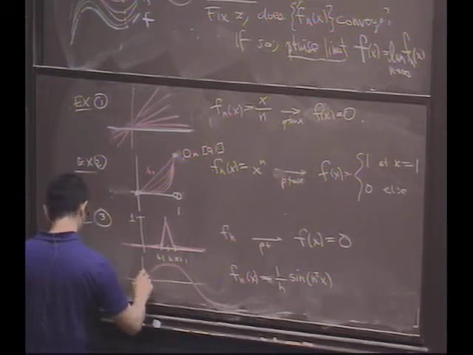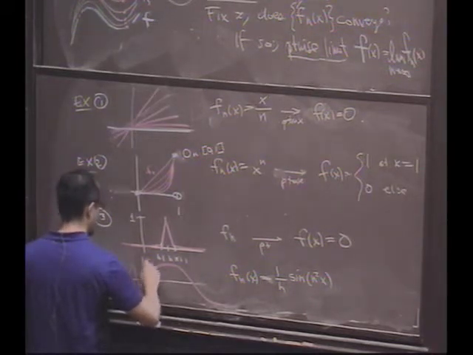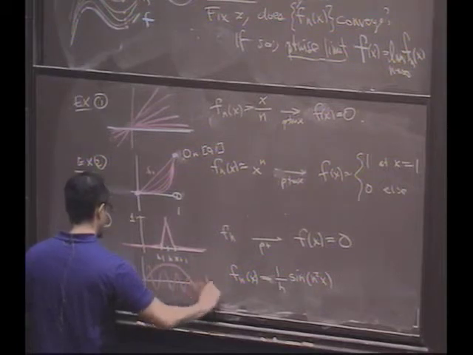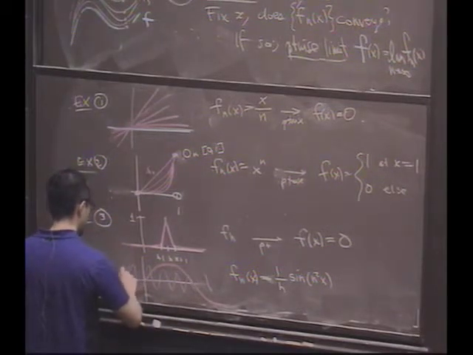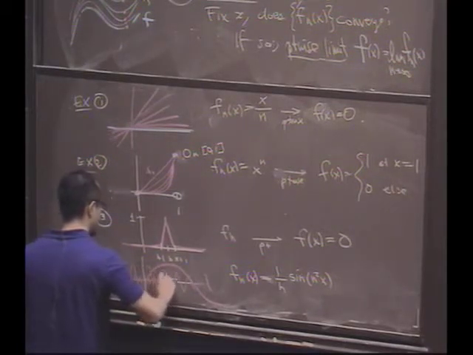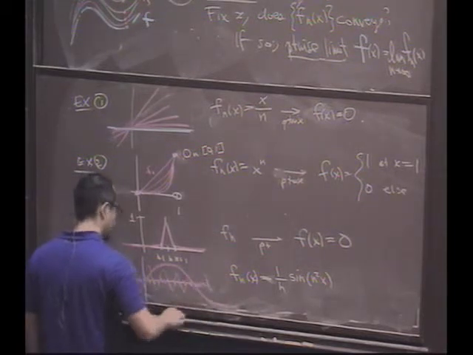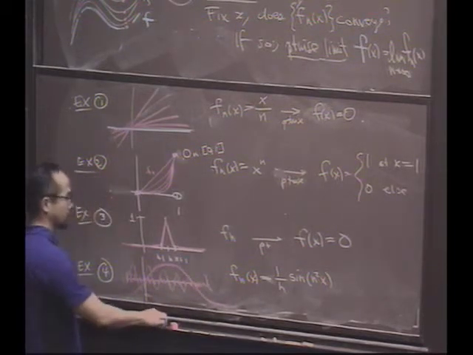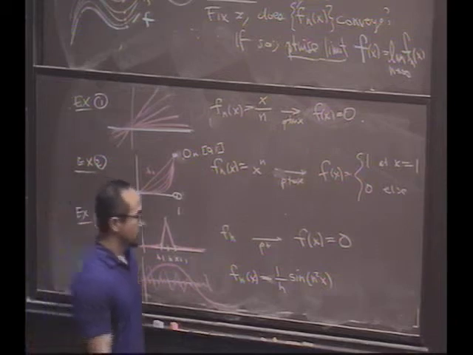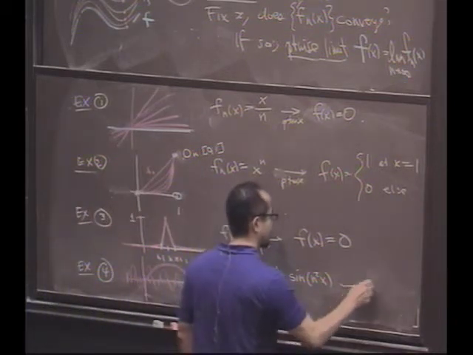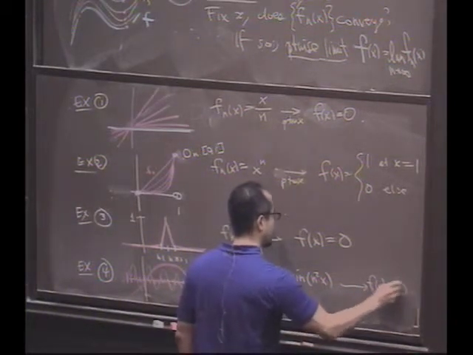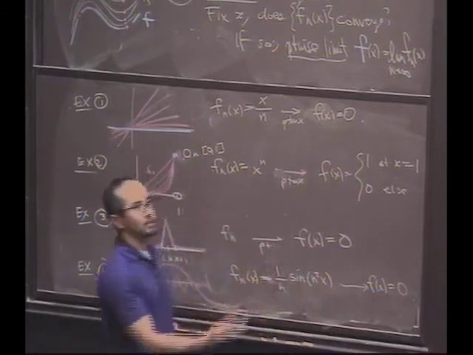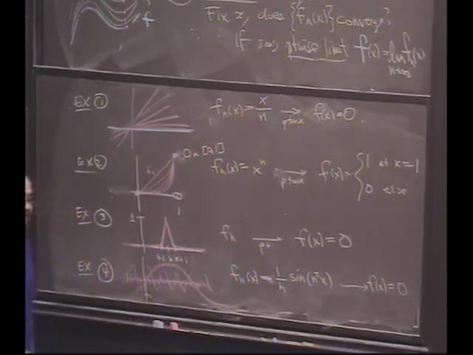Bigger. So it might do something like this. And then the next one, even more frequency, like this. What does this converge to? Yes, you're right, also the 0 function. Don't be fooled, not all sequences of functions converge to 0. It was just easier to construct these examples.